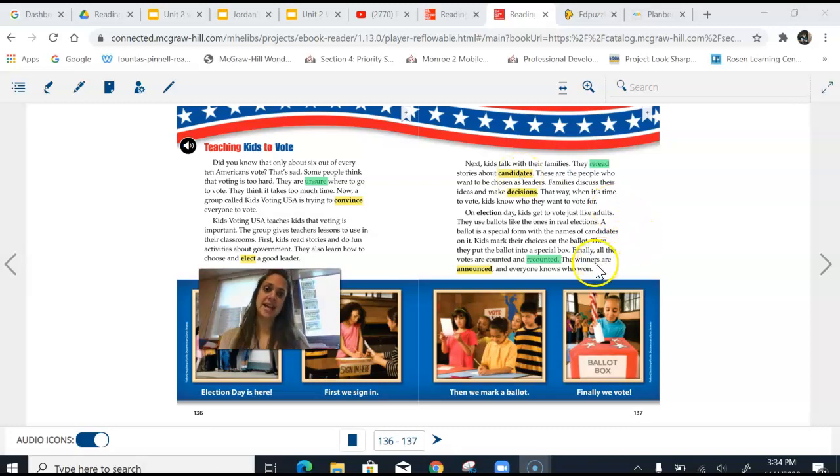Now let's try this last word on your own. Finally, all the votes are counted and recounted. You're going to have three questions pop up. The first question is, what is the base word? The second question is, what is the prefix? And your third question is, what is the new meaning?